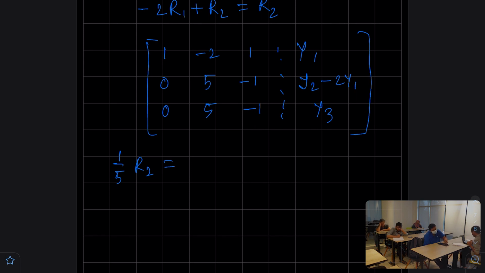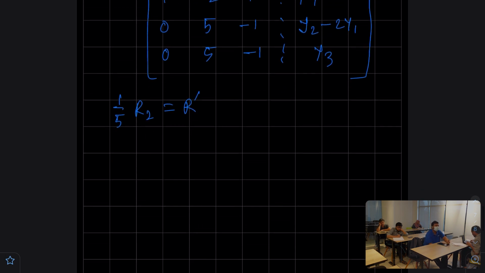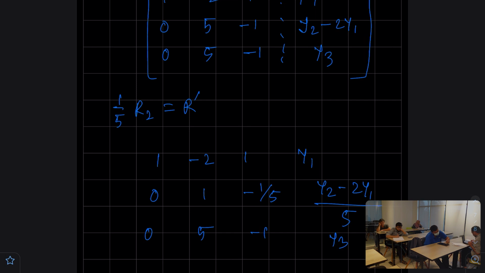This is R2 prime, and this is something like 1, minus 2, 1, y1, and 0, 1, minus 1 over 5, then y2 minus 2y1 over 5, and 0, 5, minus 1, then y3, right?